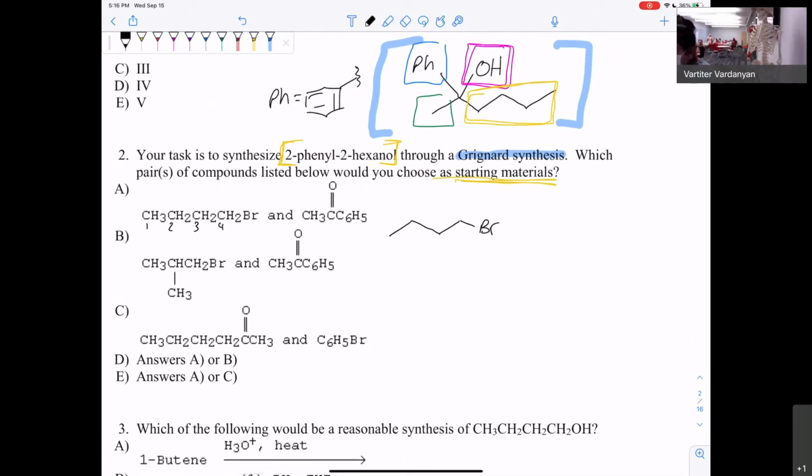Oh, is it lagging? Okay. It's just lagging. And then we have this. This group is just a benzene, so I'm going to call it a phenyl, Ph, because I don't want to draw that every single time.